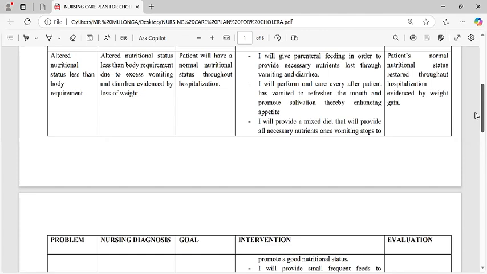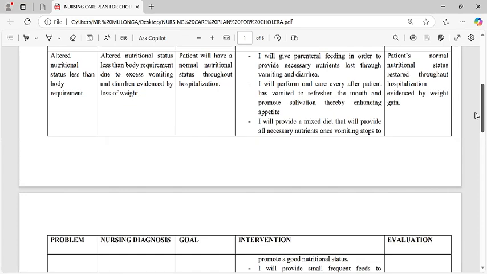So because there is reduced nutrients in the body, that problem we can say is altered nutritional status. Remember, because of diarrhea and vomiting, this patient is losing a lot of nutrients. Therefore, that means that they have altered nutritional status, less than body requirements.